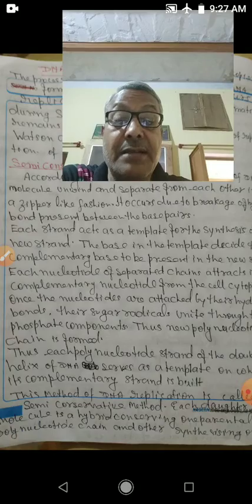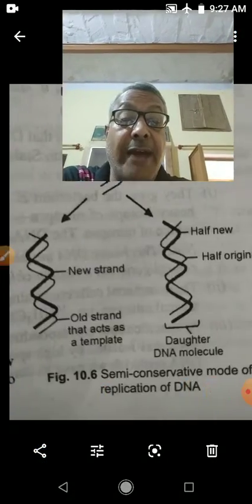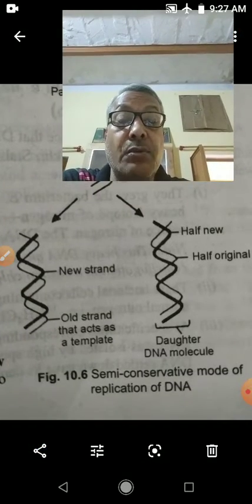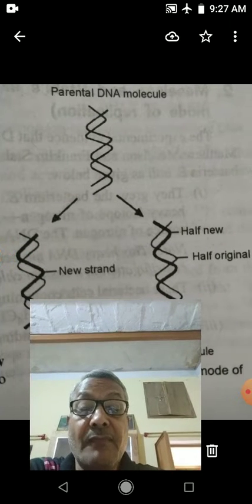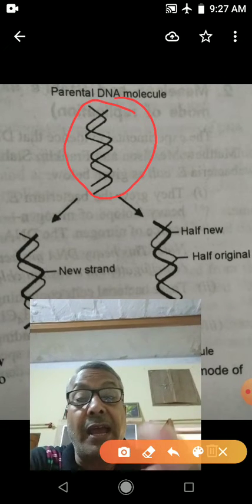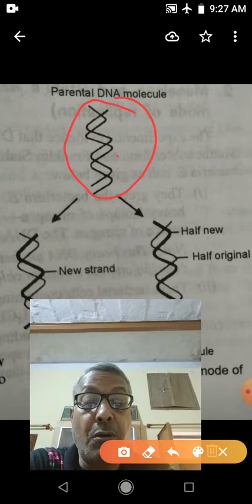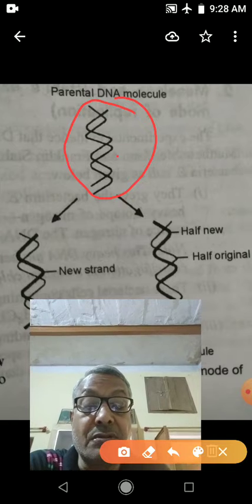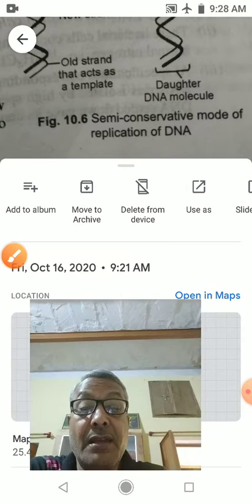So you see there is formation of two copies. This is the parent DNA molecule, and from this parent DNA molecule, two copies of DNA are going to form.